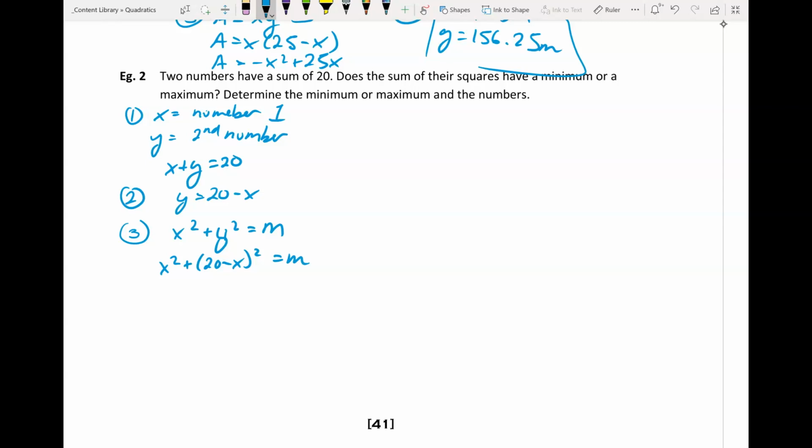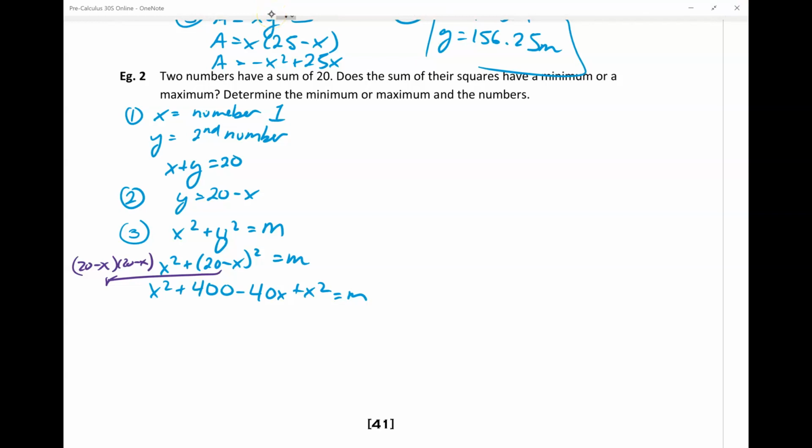Now I'm going to expand and simplify and then complete the square. So if I simplify this, I'm going to get 400 minus 40x plus x squared. Just as a side note, in case you forgot, this is 20 minus x times 20 minus x, which is why I have 400 from the 20 times 20.